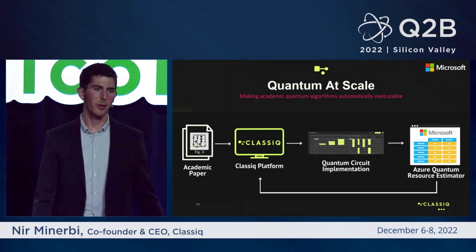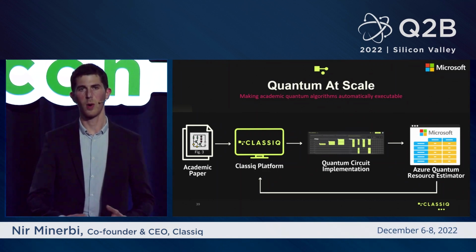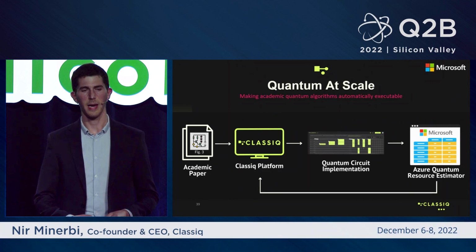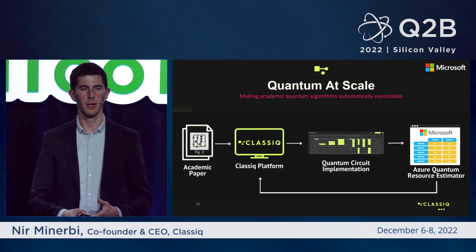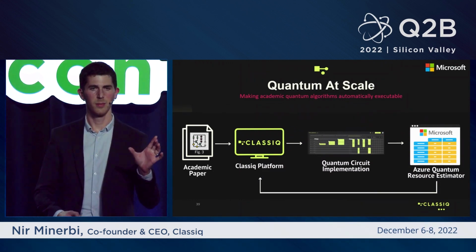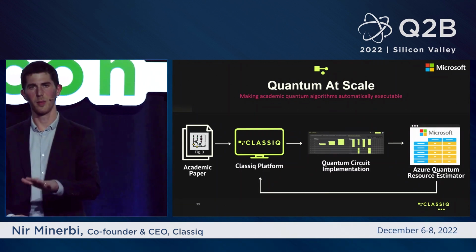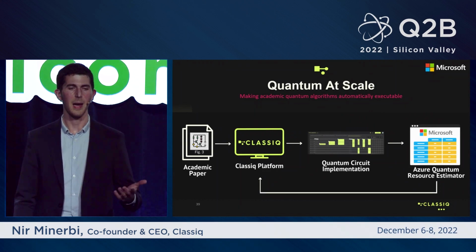And on the other hand, we also look at the algorithms of tomorrow, at quantum at scale, right? This is really beautiful work done with the Microsoft Resource Estimation platform, which really closes the gap between a quantum algorithm on an academic paper and executable code. This is a huge gap, and let me take a bet.